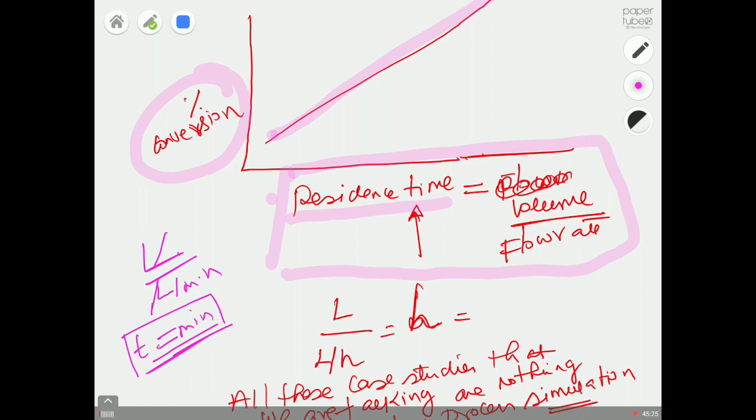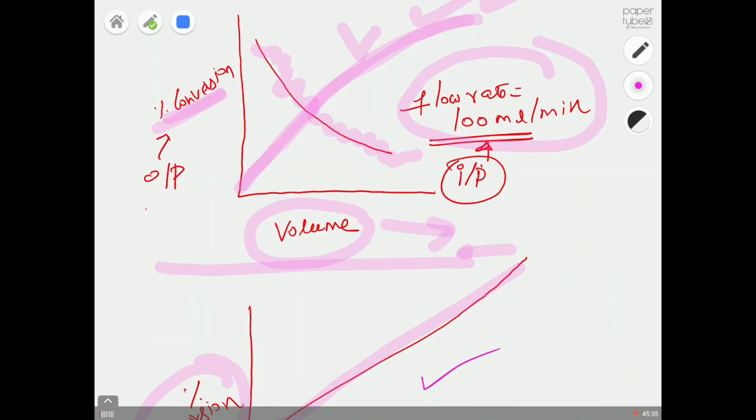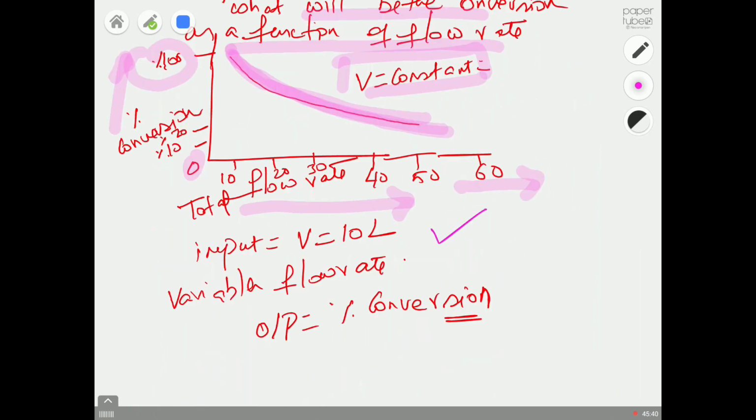In Aspen HYSYS, we call these case studies, like these three graphs which I showed you: residence time versus conversion, volume versus conversion, and also the graph which I showed on the previous page, flow rate versus conversion. All these are case studies.